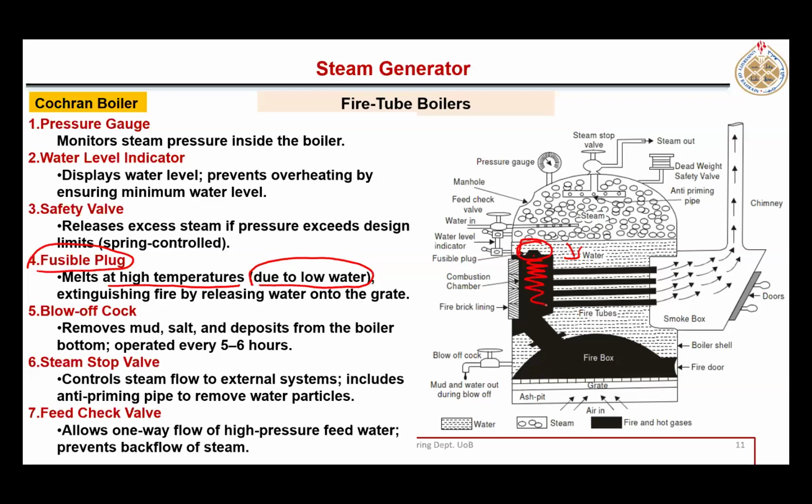When it melts, it will block this passage, right? So it will make this fire go off by releasing water. When this fusible plug melts, water will start to flow here and make the fire go off in case of emergency. So that is a fusible plug. All the others you can simply study. It's not that difficult. Okay.